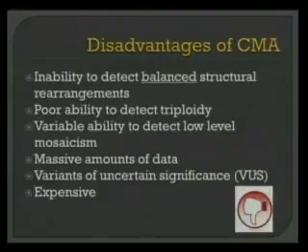But luckily triploidy is pretty rare and is usually suspected based on other findings on ultrasound. It has a variable ability to detect some mosaicism. Like we said before, it produces massive amounts of data, and sometimes you don't know what to do with it. And again, there are variants of uncertain significance, meaning they have an abnormal result from this microarray, but nobody's really sure if it's attached to a disease or a specific phenotype that would need further exploration.